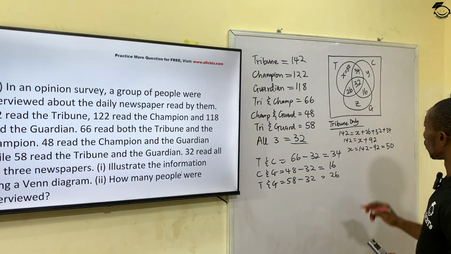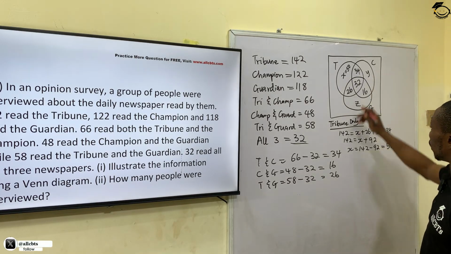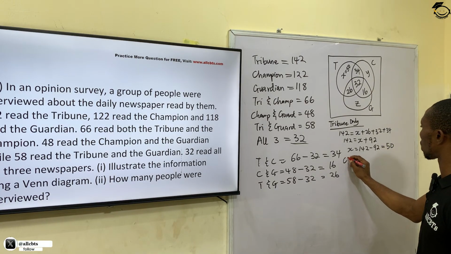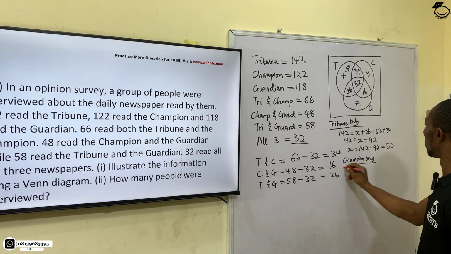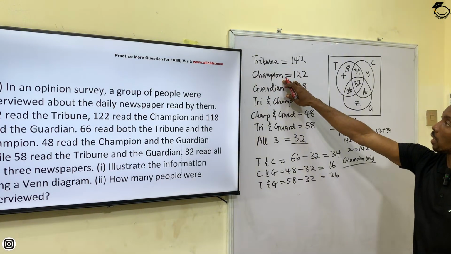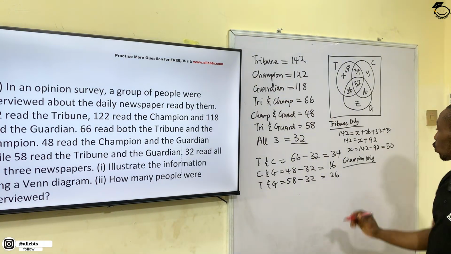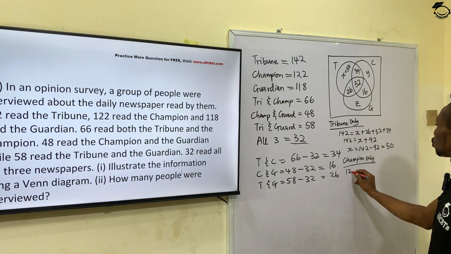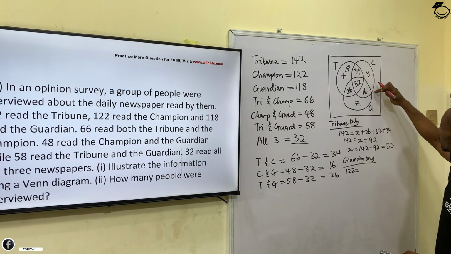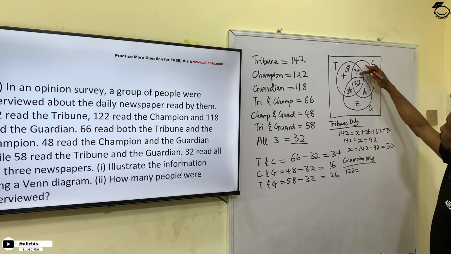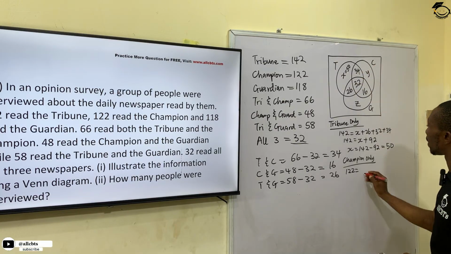Next, we'll be looking for those that read Champion only, which is y. From our total calculation, we have them as 122. So this becomes 122 equals, in our Champion circle, we have 34, 32, 16, and y.